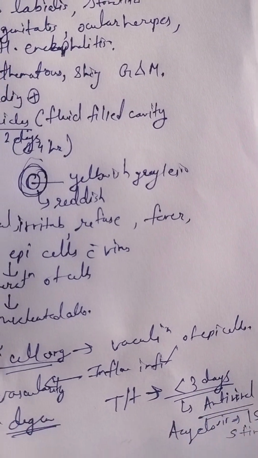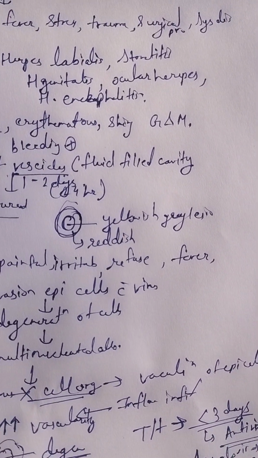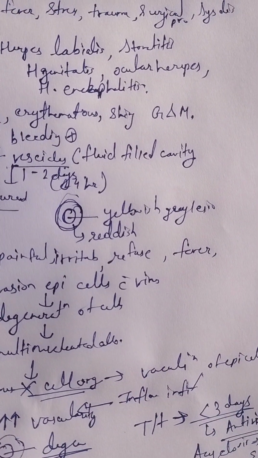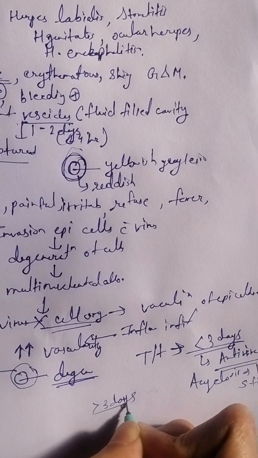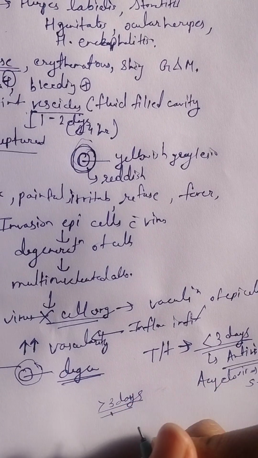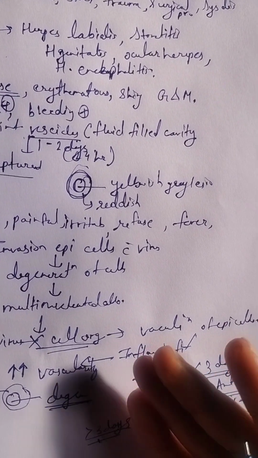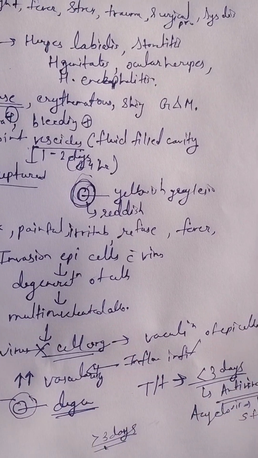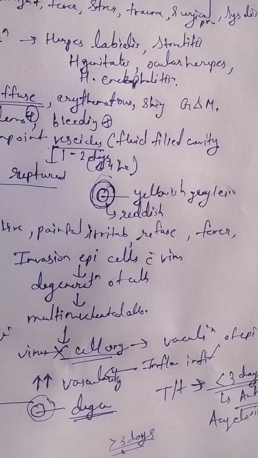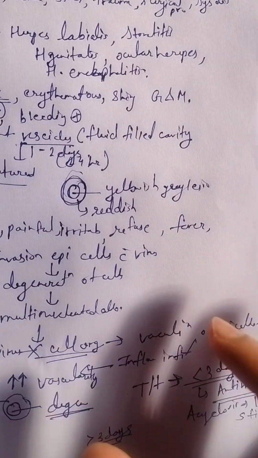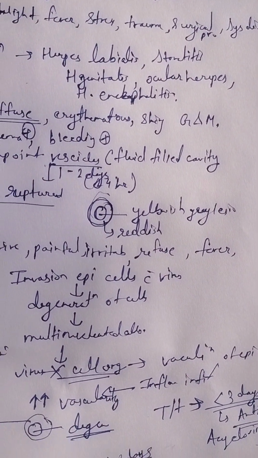If the patient comes to your clinic after, or more than 3 days of having this condition, then any antiviral drug you give is not effective, so you have to give symptomatic treatment first.